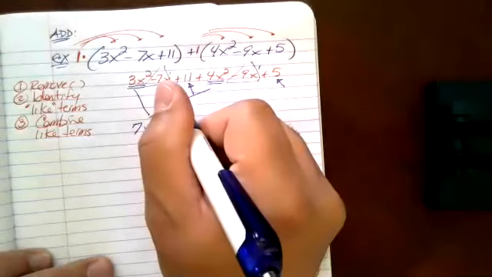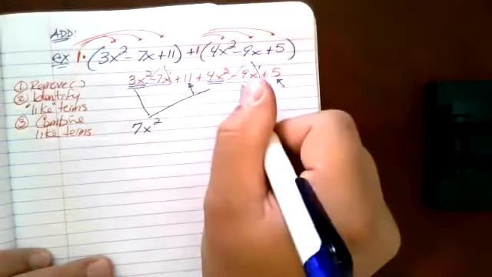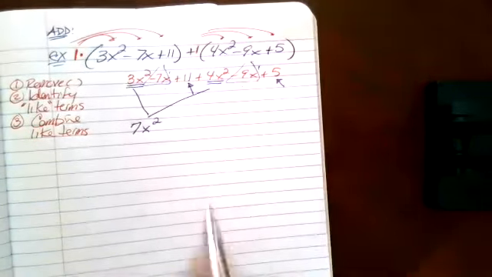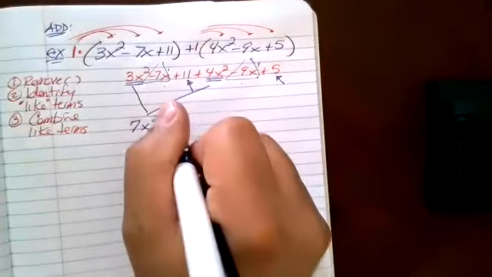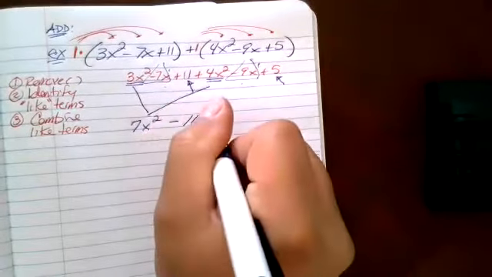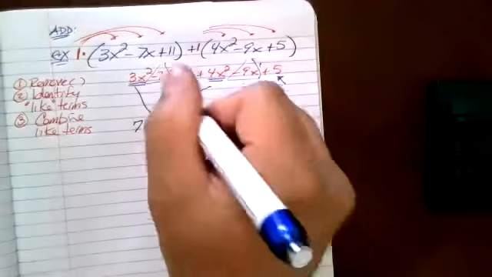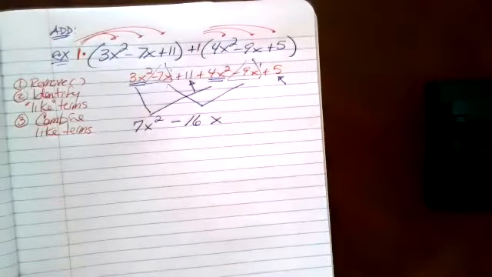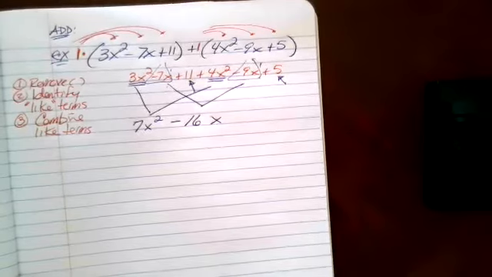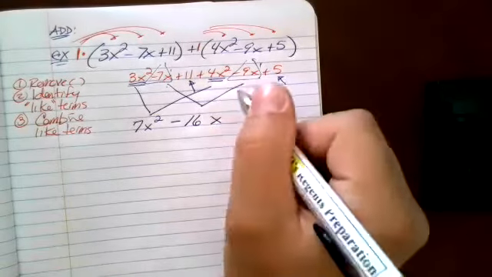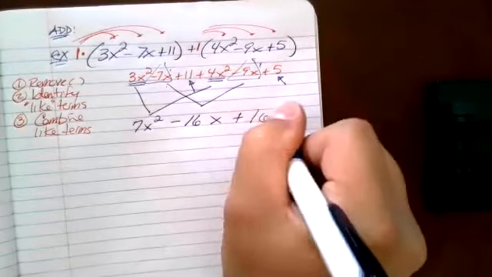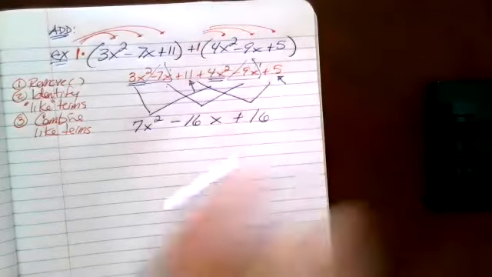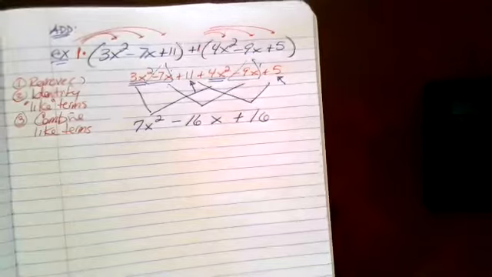Same thing here. I have a negative 7x and a negative 9x. If I combine them together, a negative 7 and a negative 9 is a negative 16x. Here I have an 11 and a 5. That gives me positive 16.